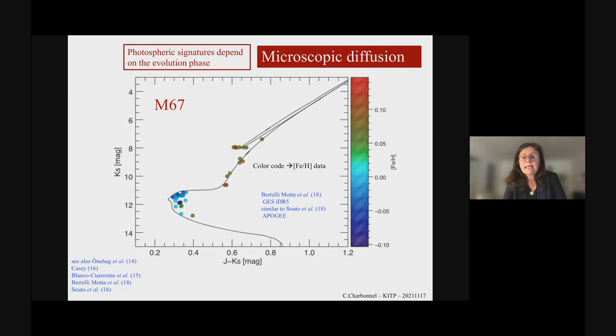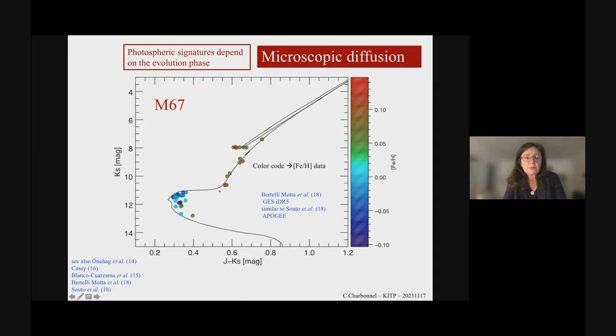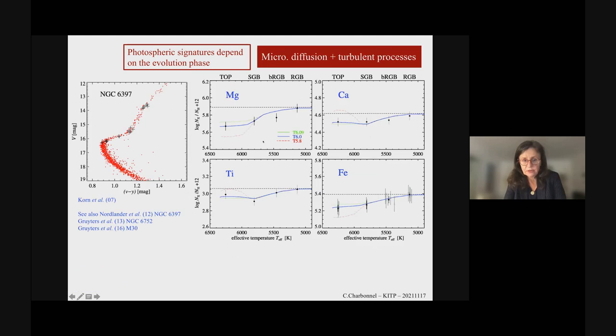And this can be seen. These were model predictions, and here you have some observations, for example, in M67, where the color code gives you the variation in Fe over H. These are very subtle variations, but nevertheless, they can be determined. And you see that the most extreme variations are at the turnoff, and when you move to the red giant branch, the stars have more or less all the same composition.